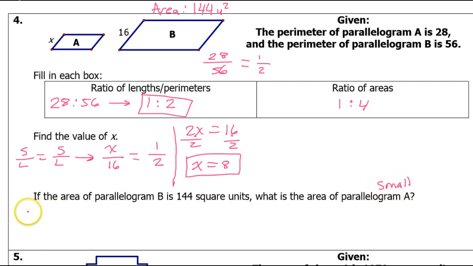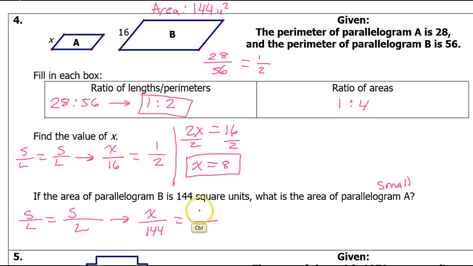Once again, I'm going to do small over large is equal to small over large. They gave us the large area, and we're looking for the small area. So I'm going to do x over 144, small over large.